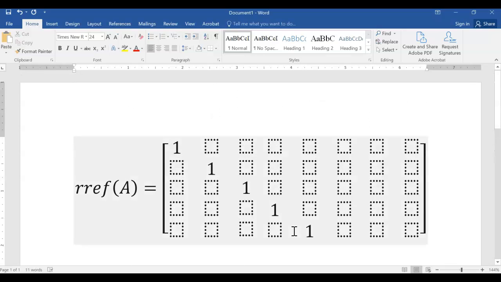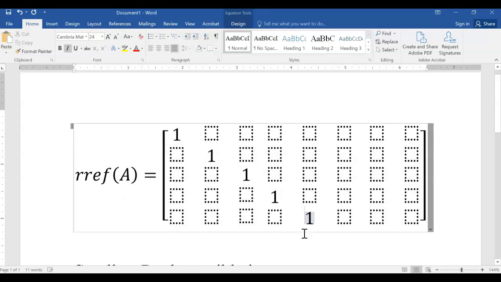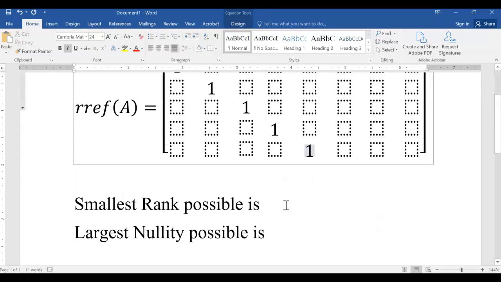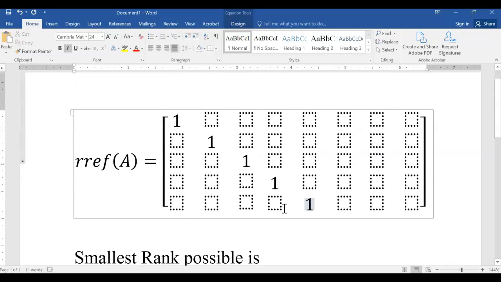Think about a 5 by 8 matrix. If I want to try to get the smallest rank possible, I basically want no pivot columns. So basically I make everything 0. No pivot columns at all. And that is possible if our matrix was all zeros.